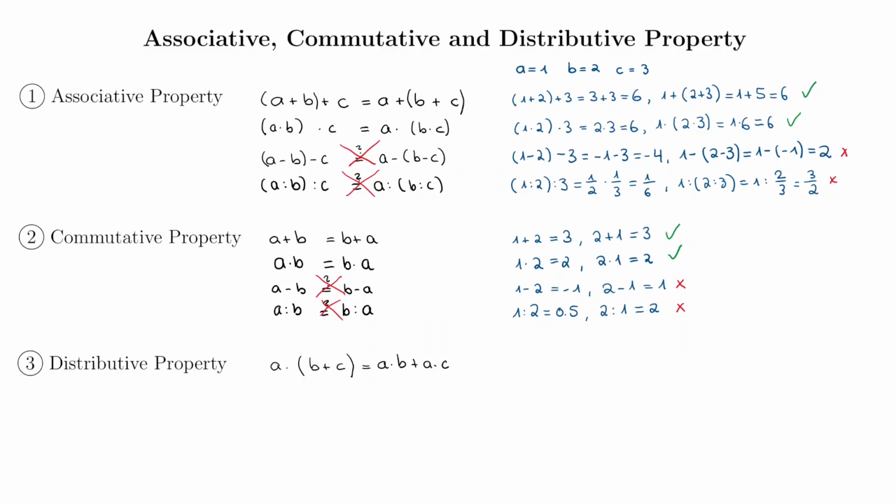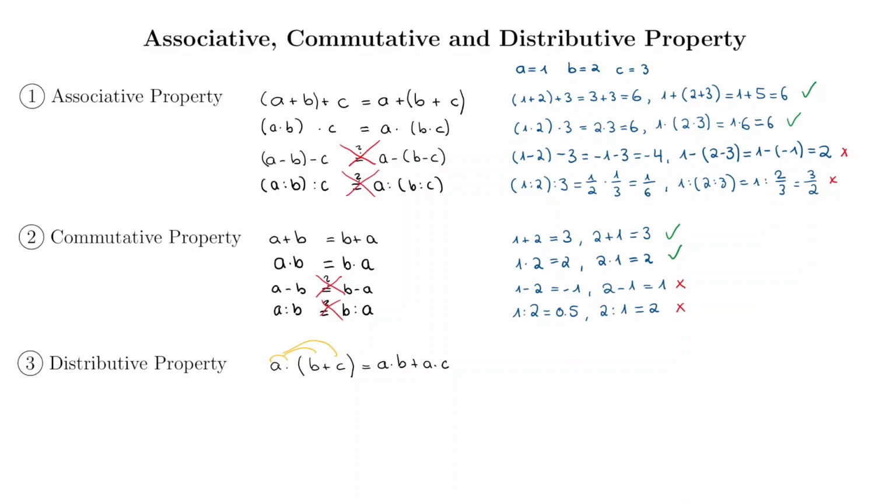I explained it also when we want to eliminate a bracket with a multiplication sign in front of it. Then we have to put this one to everybody inside. And this is exactly what we see here. A with B and A with C. So this is the distributive property.